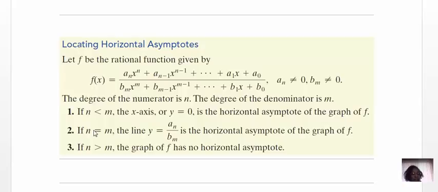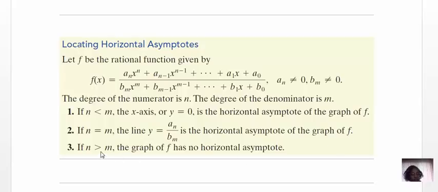If Nancy equals Mary, n equals m, the line y equals a sub n over b sub m, a sub Nancy over b sub Mary, is the horizontal asymptote of the graph of f.